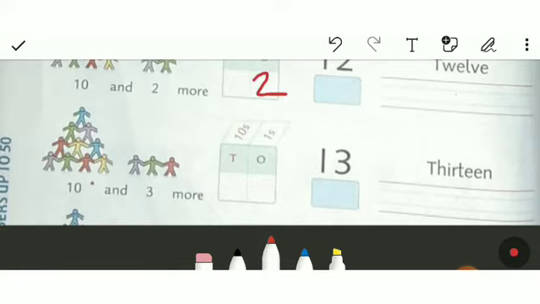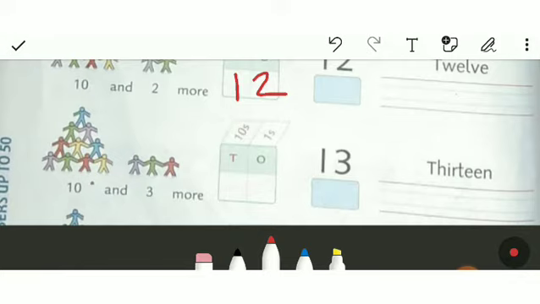And we have one 10, so we write 1 on the tens place. The tens group count goes on the tens place. So our answer is 12.